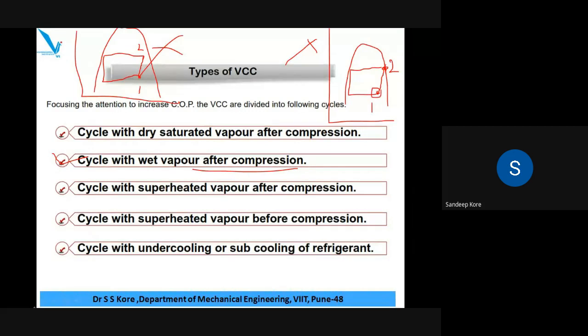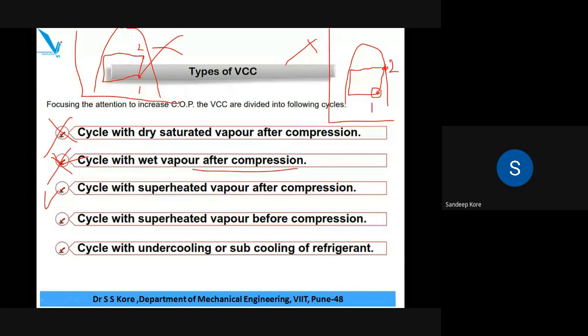Now the third cycle, the cycle with superheated vapor after compression. In this case, we are going into detail on the remaining 3 cycles: the cycle with superheated vapor after compression, the cycle with superheated vapor before compression, and the cycle with undercooling or subcooling of refrigerant.